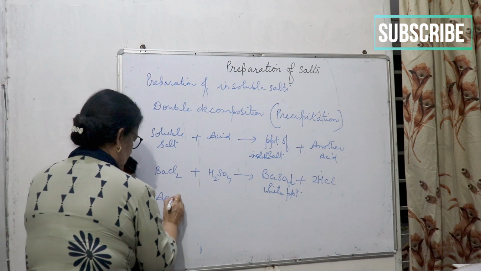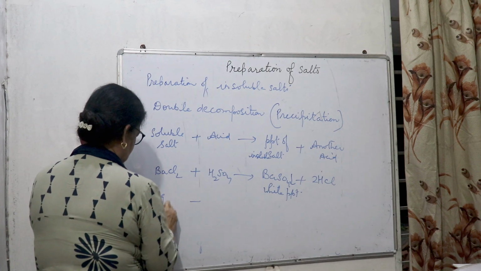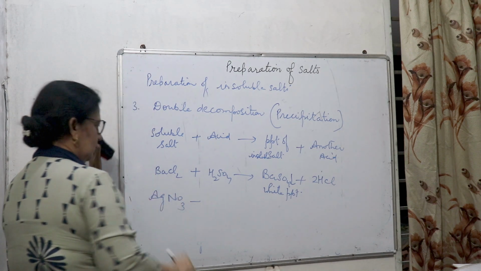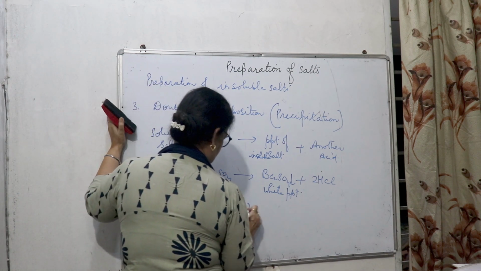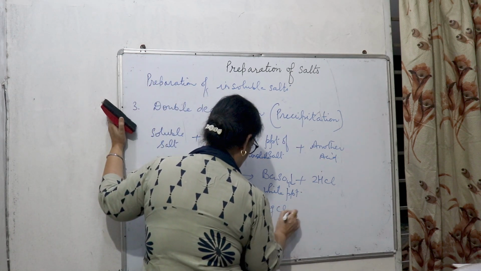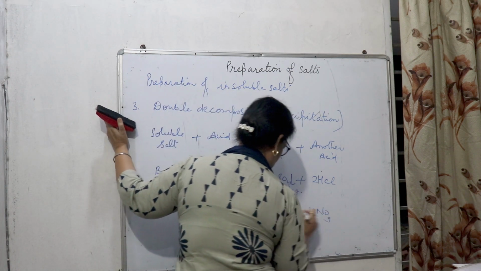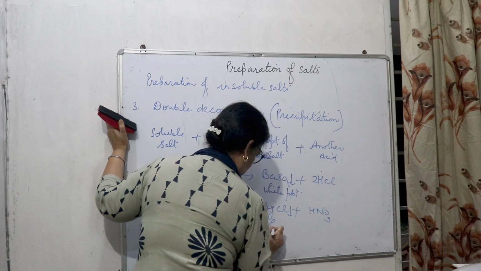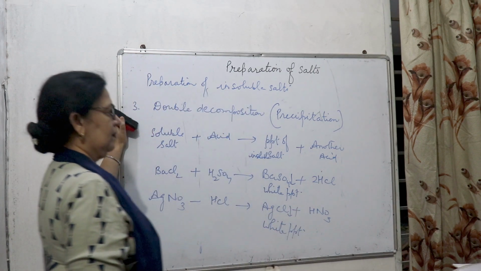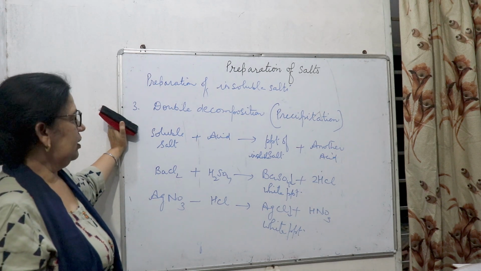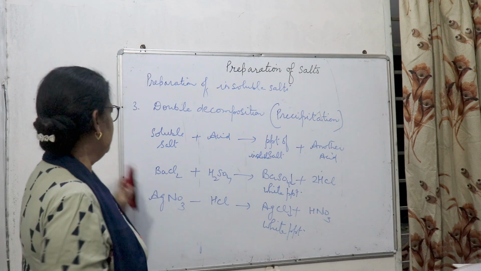Silver chloride: silver nitrate, AgNO3, this is soluble salt, plus HCl gives AgCl plus HNO3. This also is a white PPT. This is insoluble salt. So insoluble salt can be prepared by double decomposition. Here the method used is precipitation.